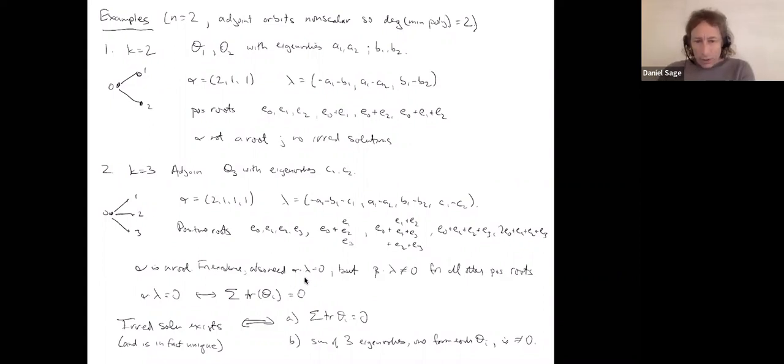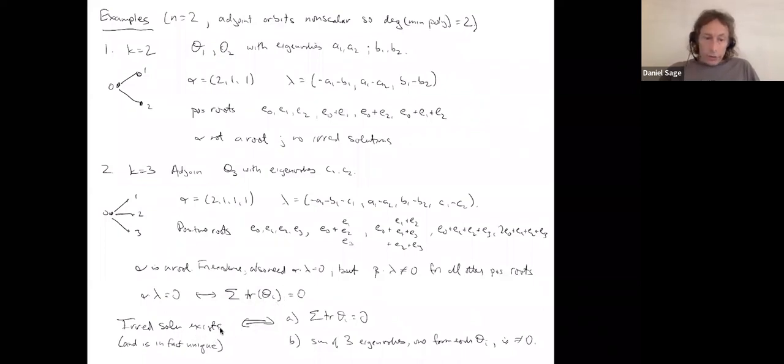Now, for existence, we also need certain conditions which you can work out to be that the dot product of alpha and lambda is 0, but for all other positive roots, beta dot lambda is not 0. Well, this alpha dot lambda equals 0 translates into the sum of the traces being 0.